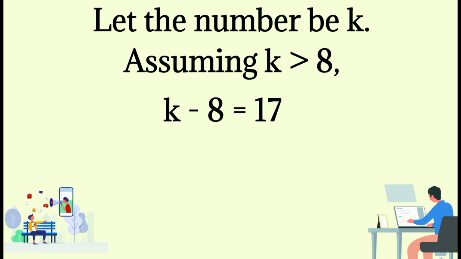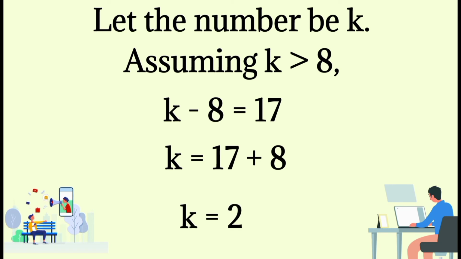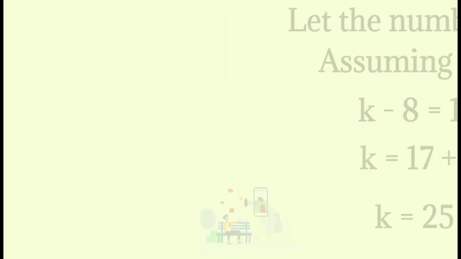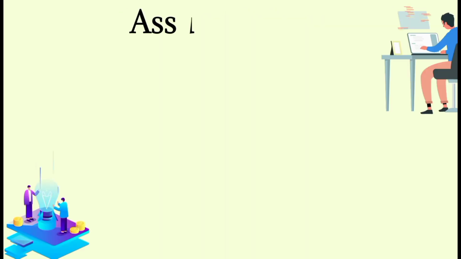So if k is greater than 8, it means that the difference between the two numbers will be k minus 8 is equal to 17. So by collecting like terms, we have k is equal to 17 plus 8. And 17 plus 8 is 25. So that makes our k equal to 25.